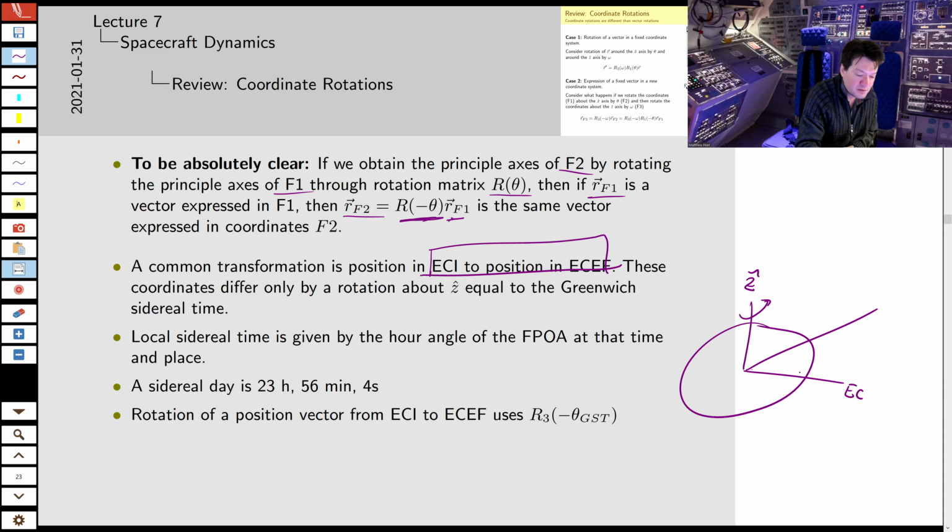The Earth is rotating that way, by the local sidereal time, which we'll talk about later. But the axes from ECI to ECEF are defined by that rotation. If we want to find the vector in ECEF, which was originally expressed in ECI, then it's a negative rotation of that negative theta LST. Again, we'll come back to that in part D of the lecture.